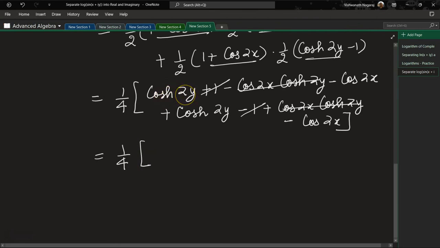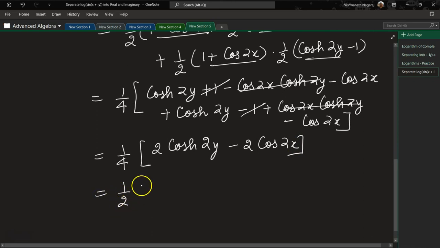cosh 2y, cosh 2y. So 2 times cosh 2y minus 2 times cos 2x. 2 is common, we can take it out. So this becomes 1 by 2 times cosh 2y minus cos 2x.